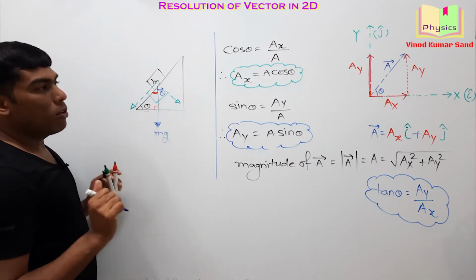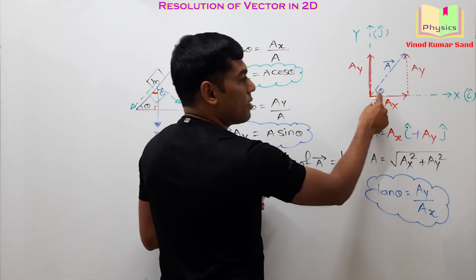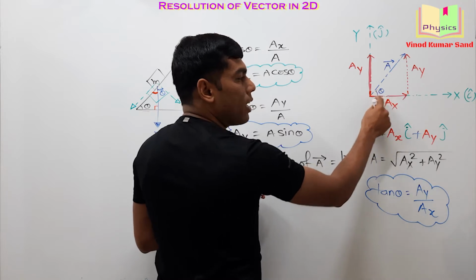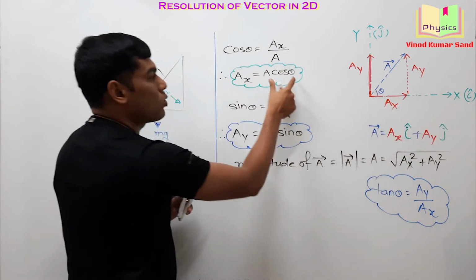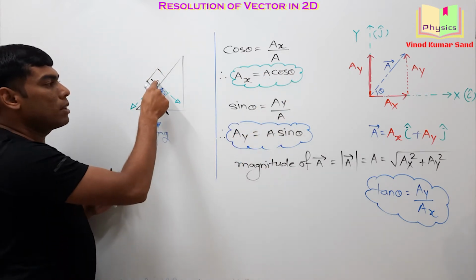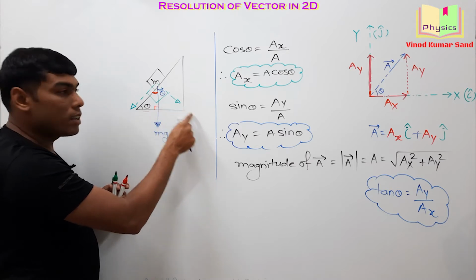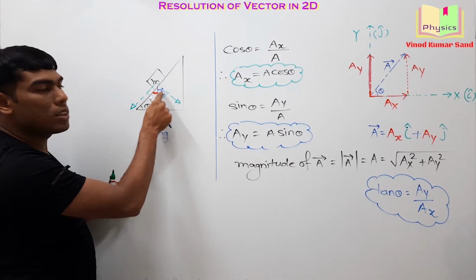Okay. Now if you compare the A vector and the x-axis, in between them the angle was theta, then the component along this axis has what magnitude? A cos theta. Similarly, you can imagine this is some axis and the vector is making an angle theta with this axis.